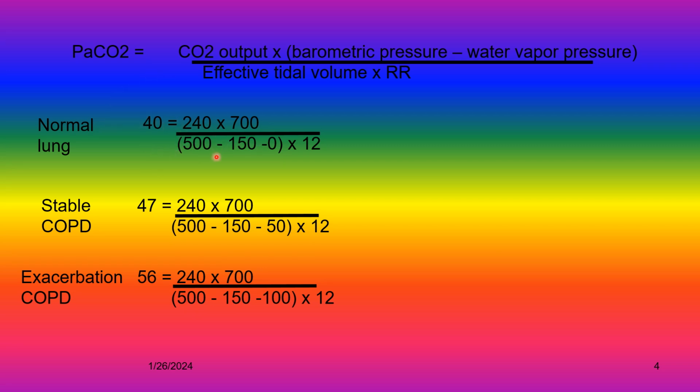So this is the balance between these two things: the effective tidal volume multiplied by respiratory rate, the effective minute volume, and the carbon dioxide output per minute, and this is the stable state. The partial pressure is 40.